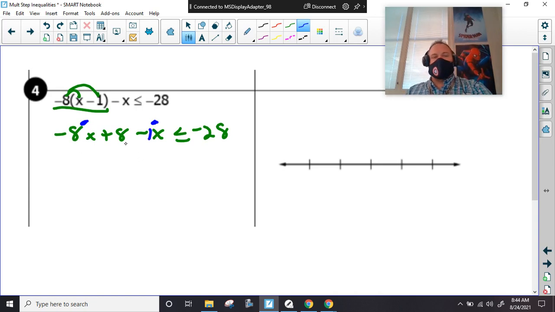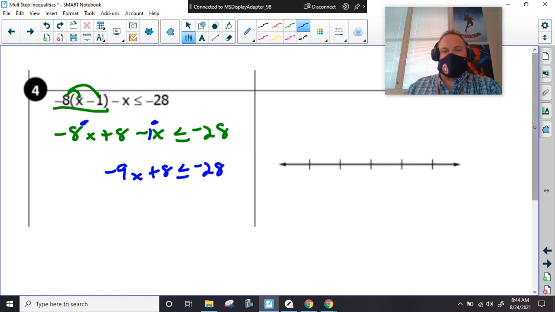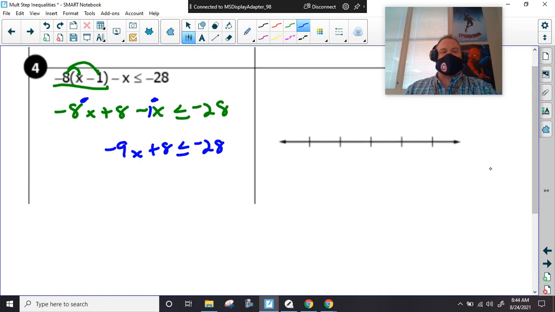So negative 8 minus 1 would be negative 9x plus 8 less than or equal to negative 28. Okay. Now I'm going to subtract 8 to get my constants together.